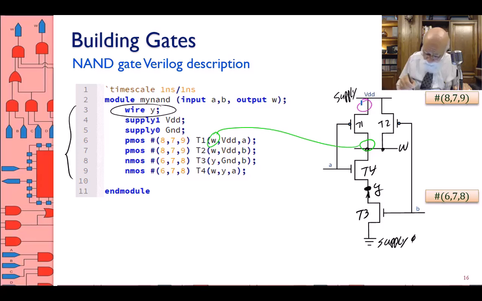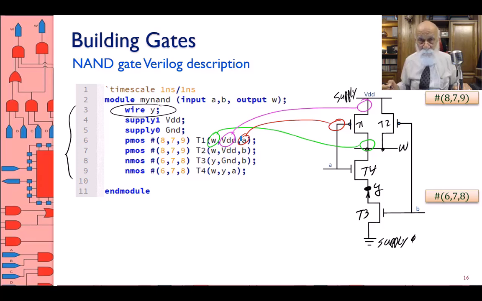And the control, we call it the control, is A. This is A. Always, the output is the one in the opposite direction of supply. The output is in the opposite direction of supply.